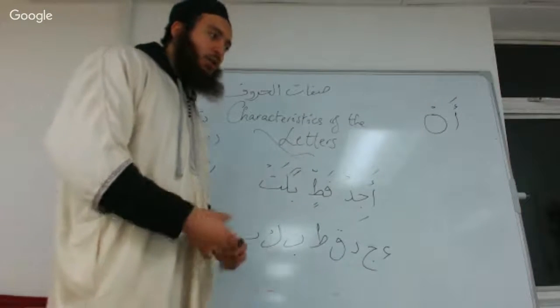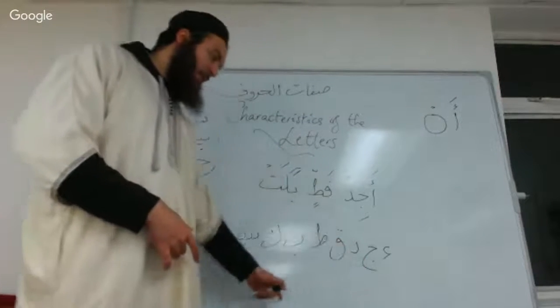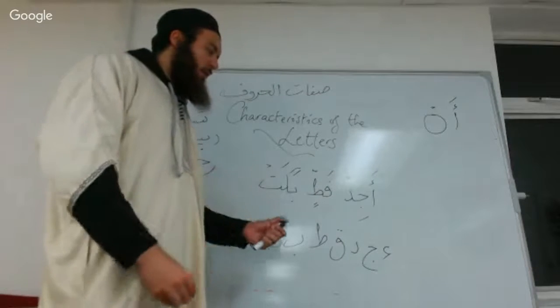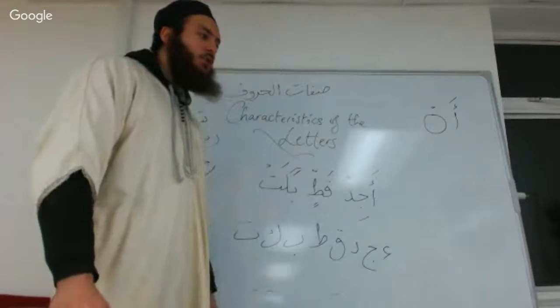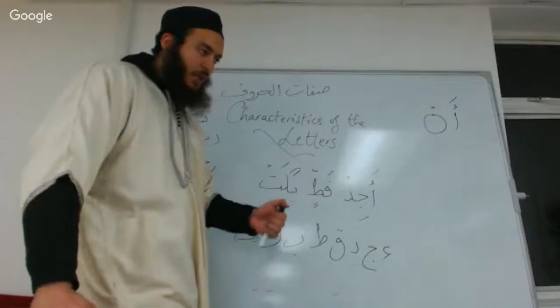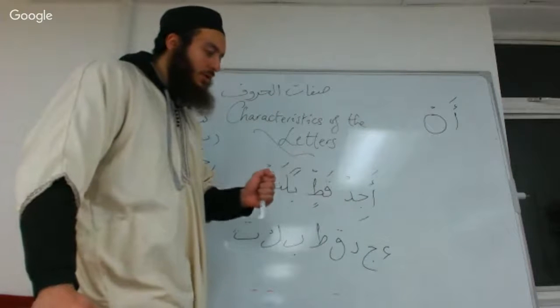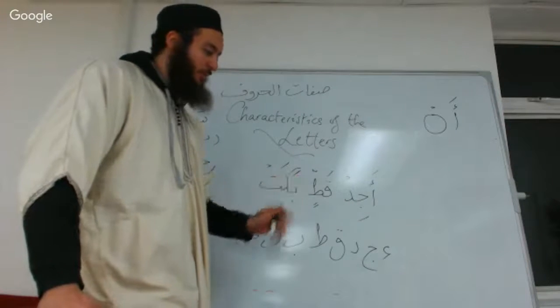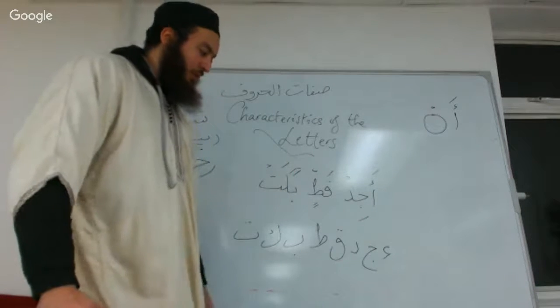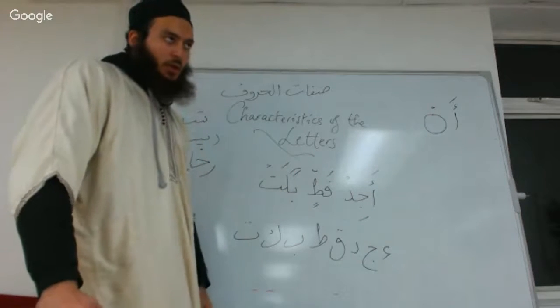If you try to continuously pronounce any of these letters, straight away they lose their true essence. So the jim, for example, aj, that's incorrect. It's not a correct jim. The jim is aj, aj, aj. That's the jim. Same thing with the qaf. If you try somehow to continuously pronounce it, you may end up with something like a kha.